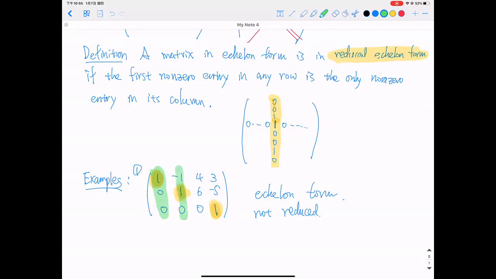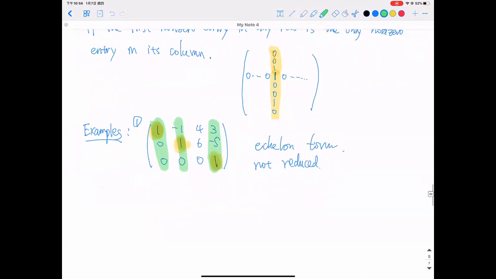But the first non-zero entry of the second row sits in the second column. That has other non-zero entries. And the first non-zero entry of the third row sits in the last column, which also has other non-zero entries. So the condition just fails miserably. Never mind, that happens.